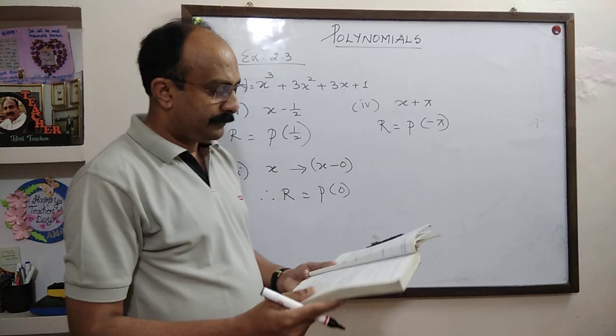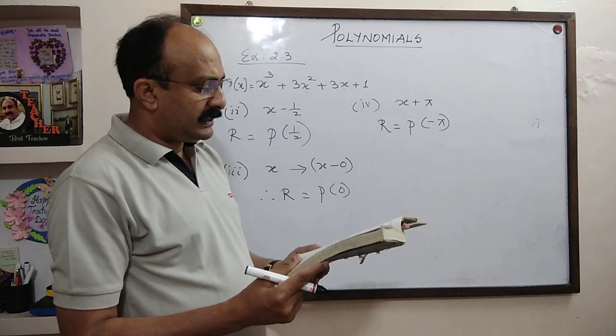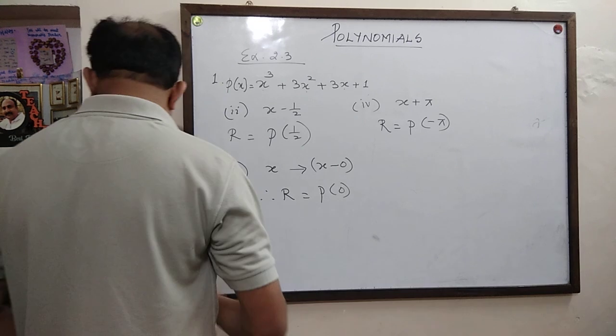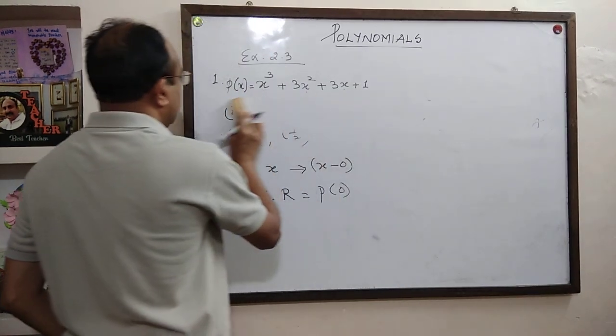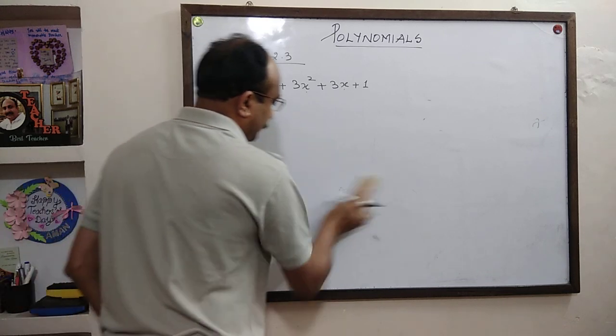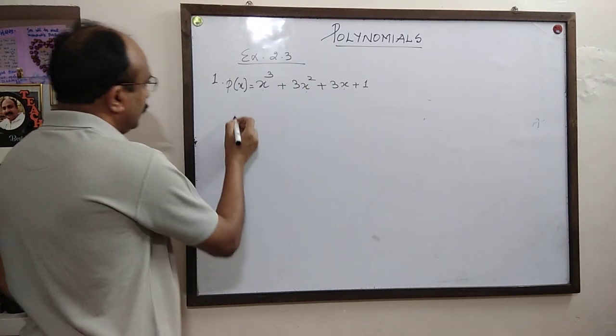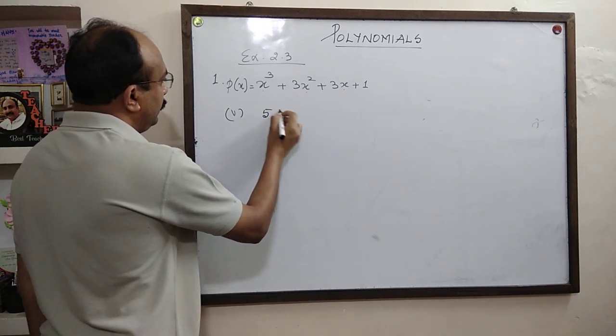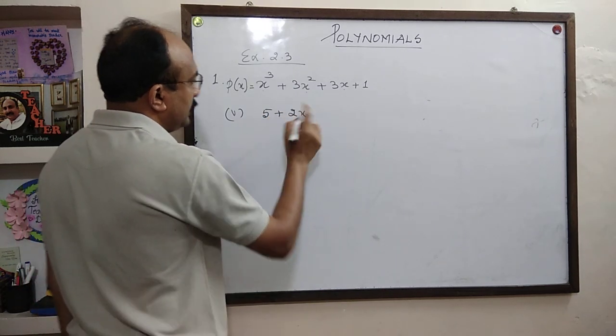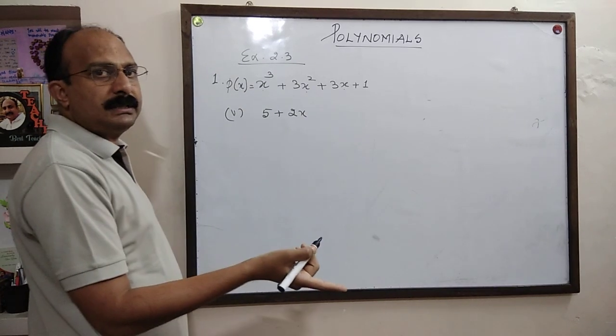That's all. And the last one is 5 plus 2x. Fifth part, 5 plus 2x. Only the order is changed.